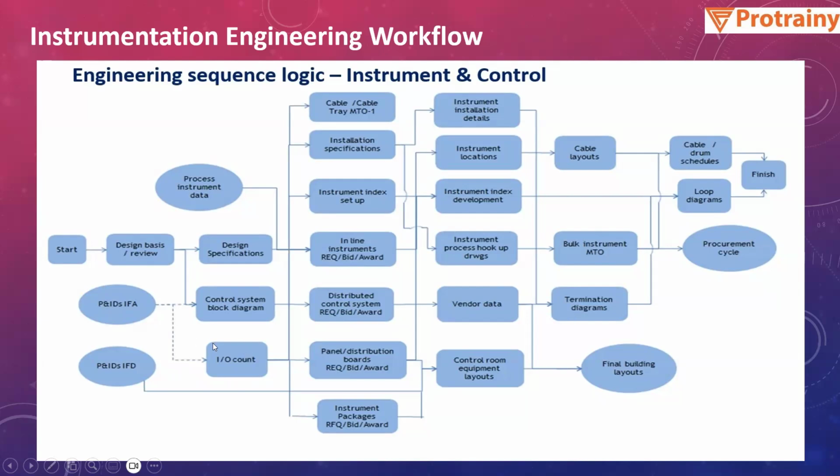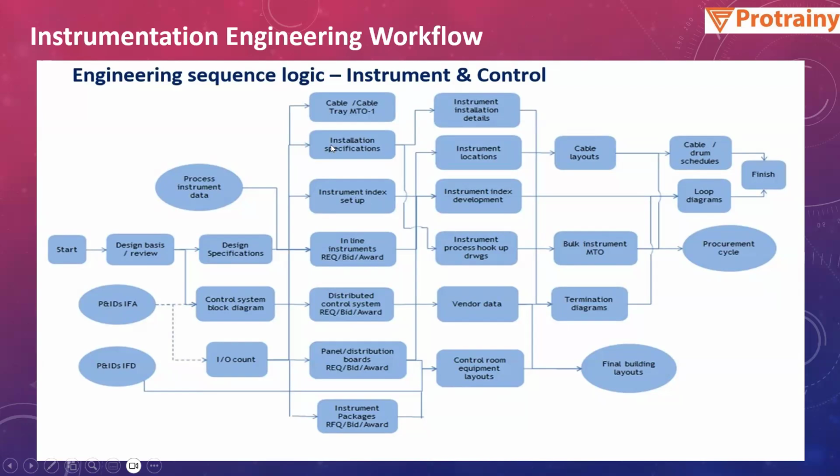We have the termination drawing based on the vendor data. We also have the IO counts from here. We can decide the panel distribution board specification required, and based on that, the control room layout will be decided based on the size of the equipment. We also have instrument index coming from process, and based on that, we'll be having the instrument loop diagram.